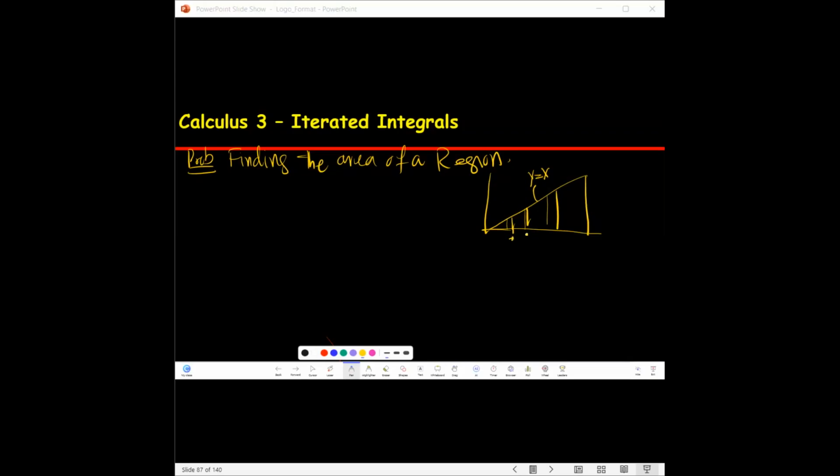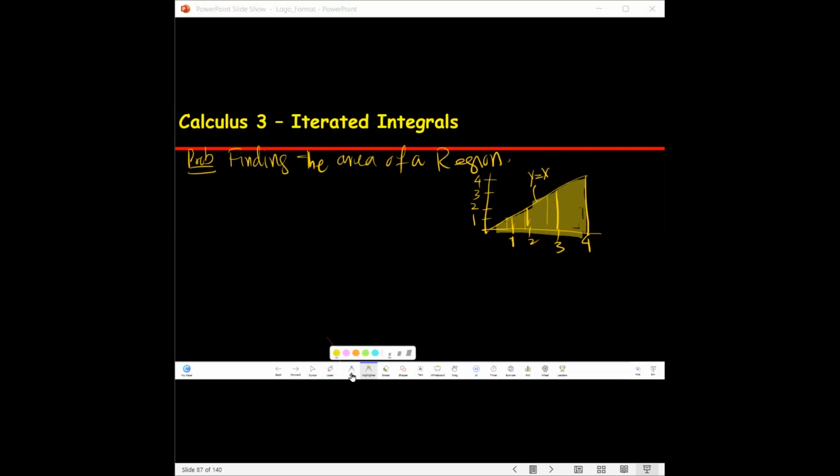Same thing here, giving 4, 3, 2, 1. So this is a curve that is given. We need to find the area under this region. This is what we need to find out, the area.